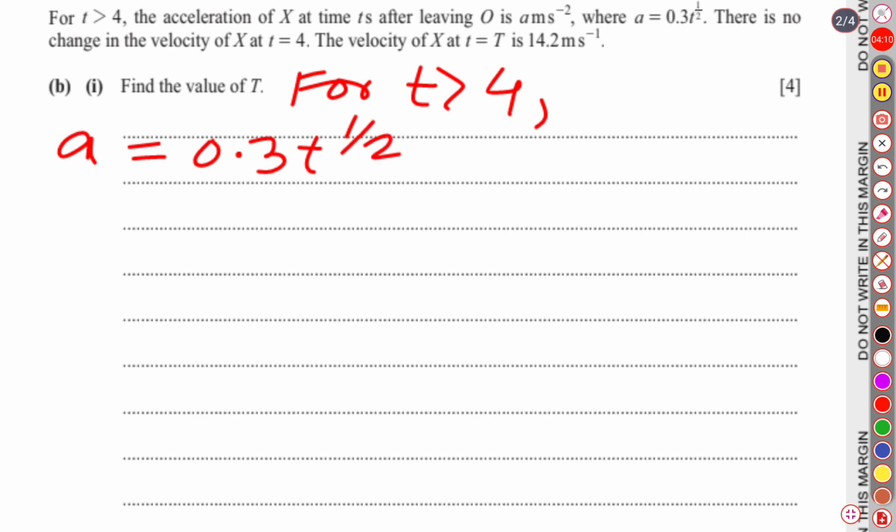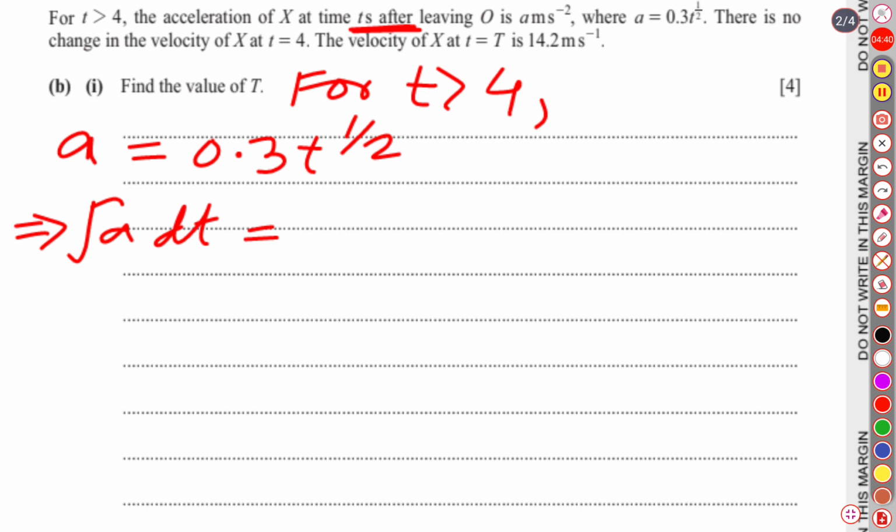Now if we want to go back to velocity, they have told us the velocity is given, so we'll have to turn back to velocity. For velocity we'll have to integrate the acceleration. In acceleration the degree is increased by 1.